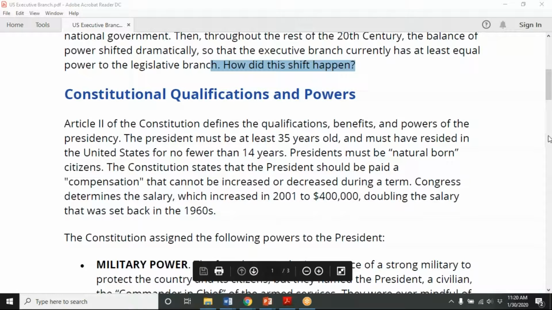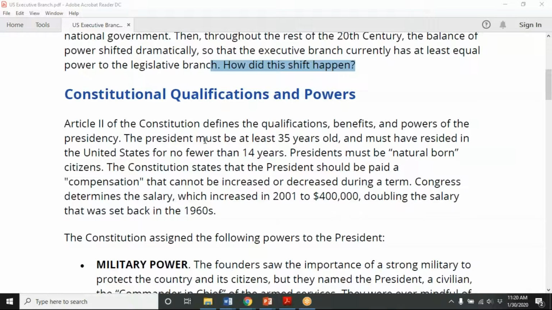Presidents must be natural-born citizens. The Constitution states that the president should be paid a compensation that cannot be increased or decreased during a term. Congress determines the salary, which increased in 2001 to $400,000, doubling the salary that was set back in the 1960s.